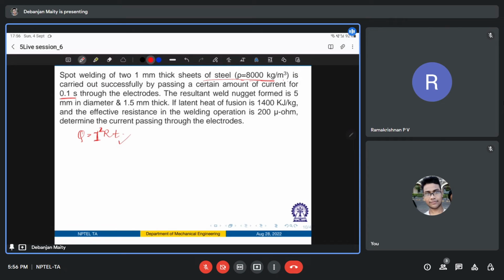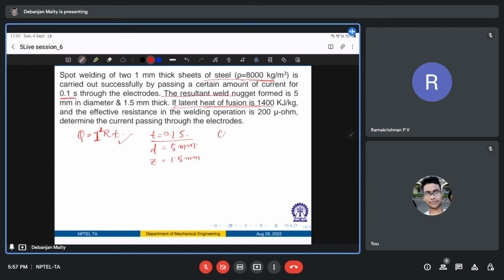You have the time given as 0.1 second, and what is given is the resultant weld nugget formed is of 5 mm diameter, d is 5 mm, and thickness, now I am giving the notation of thickness as z because the time is t. z is 1.5 mm, and your latent heat of fusion.